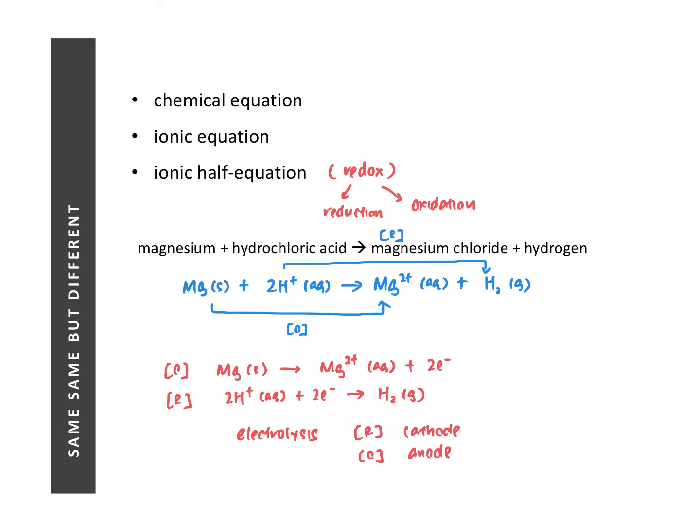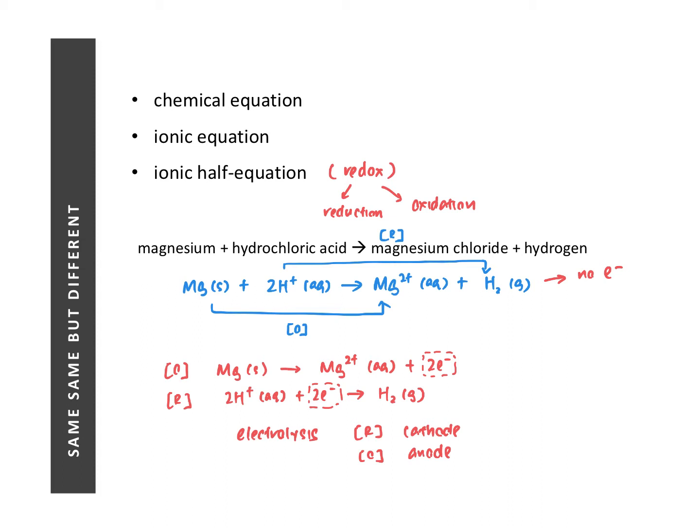So now that we have seen the ionic equation and the ionic half equations, what are the differences between the two? In an ionic half equation, we will see electrons in each equation. In ionic equations, you will not see any electrons. So if you are writing an ionic equation and somehow there's an electron in there, it means that your ionic equation is wrong.